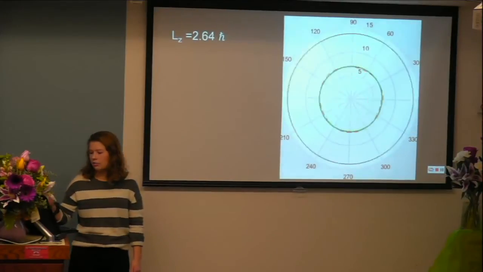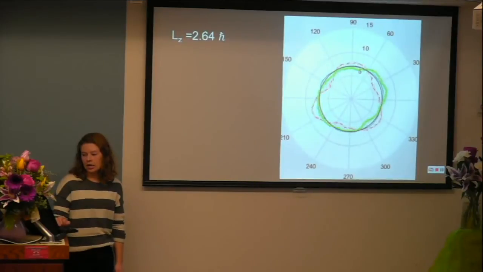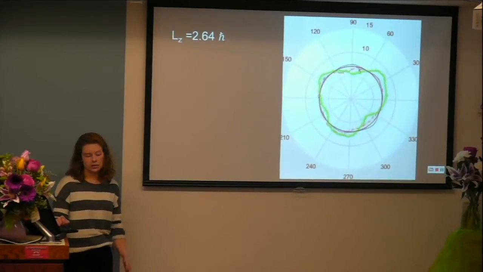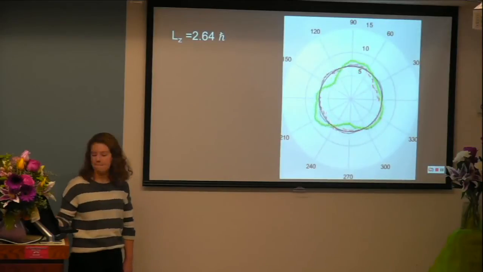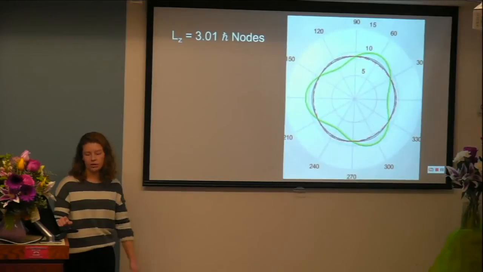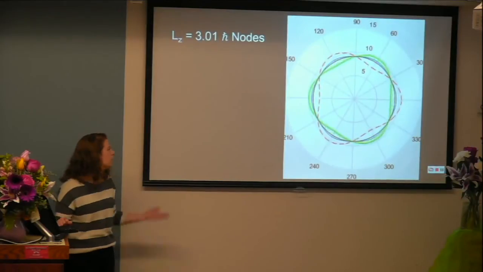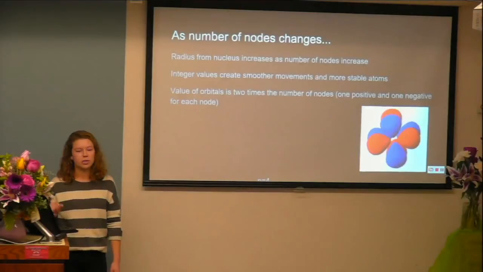Moving forward, here's 2.64 nodes, and this is unstable once again because it's not an even integer. And finally, here's 3.01 nodes, and this is stable once again, and that blue line is unmoving, so it's happy in its current position.